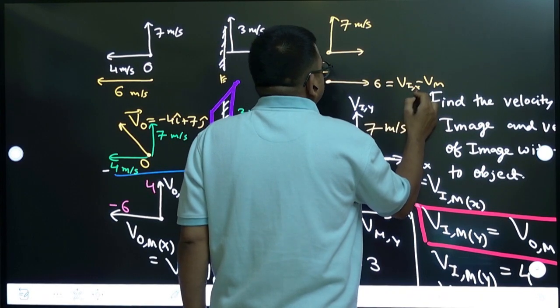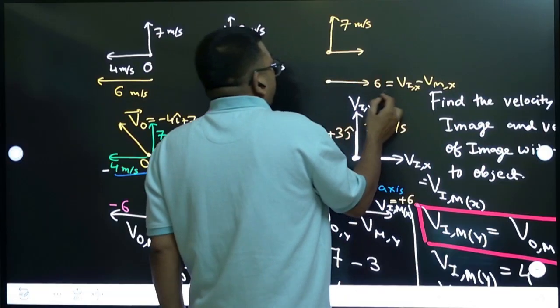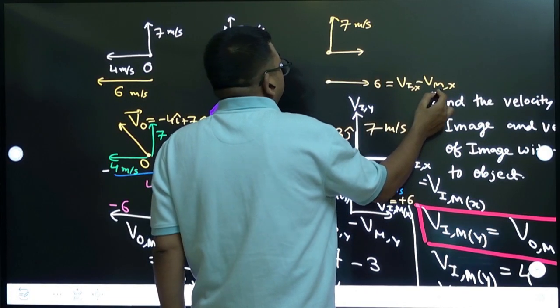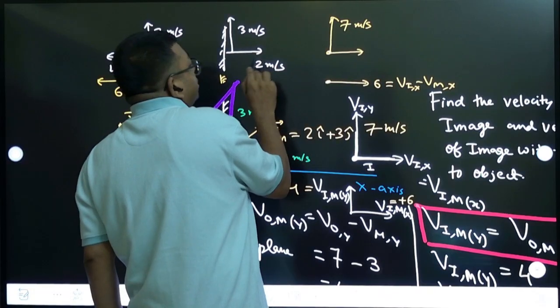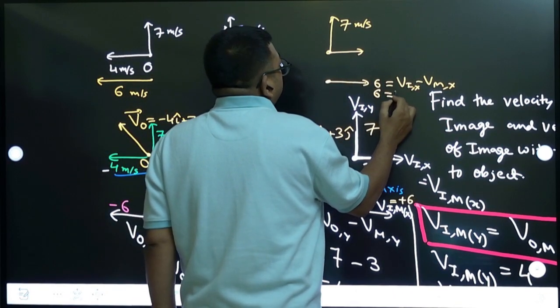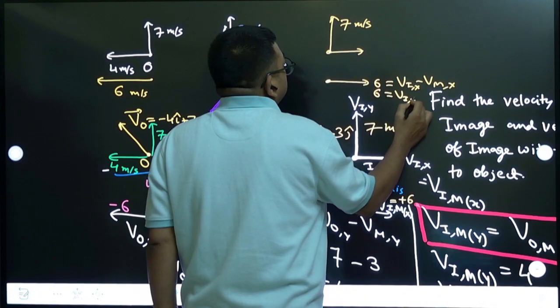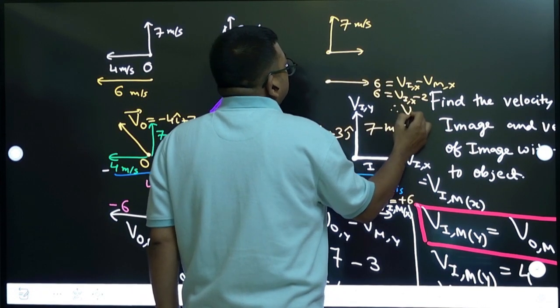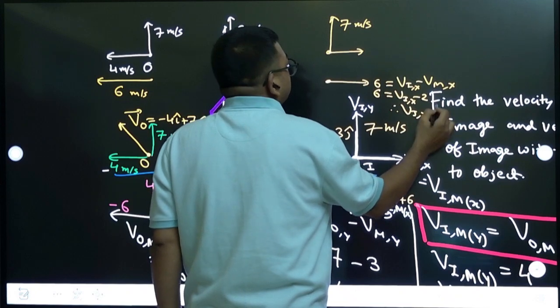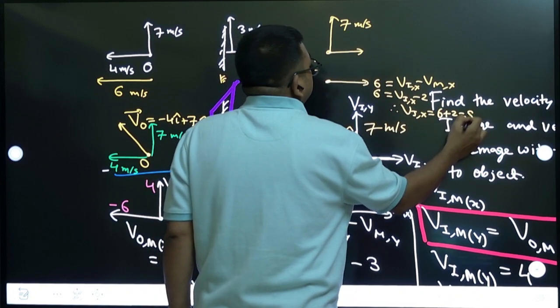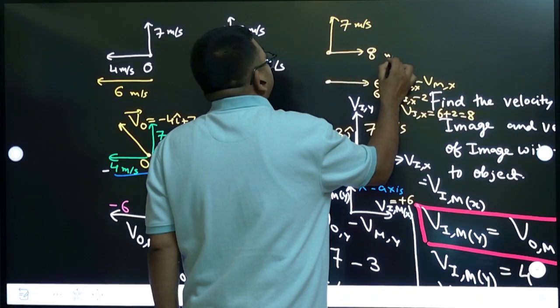This is only along the x-axis, and you know the velocity of the mirror along the x-axis is 2. So 6 is equal to velocity of image along x-axis minus 2. That's why the velocity of image along x-axis becomes 6 plus 2, that is 8. You can write that as 8 meter per second.